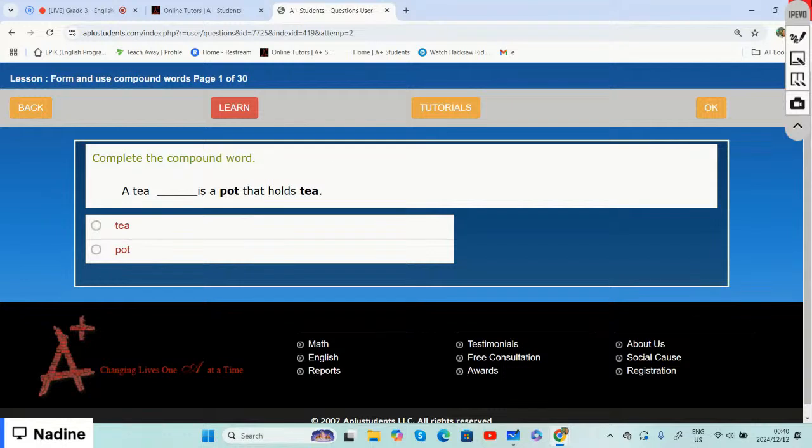All right. And the next one says a tea what is a pot that holds tea? Is it option one, a tea, or option two, a teapot?